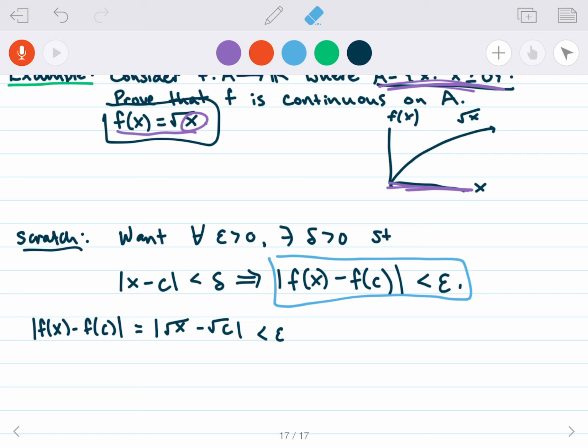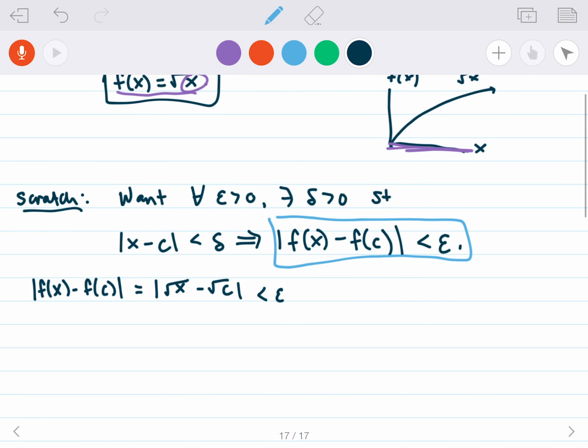Okay, so we're going to multiply by the conjugate to make this a little bit more wieldy, I guess. So if we multiply by 1 or conjugate, so this is going to be this over this.